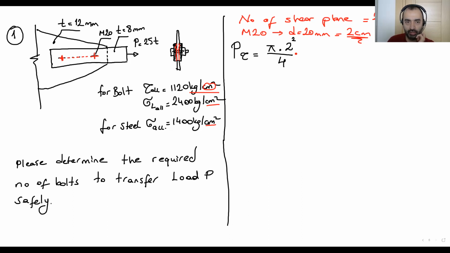That's why two sections of this bolt work for shear. I'm gonna put here a 2. This gives me the total area of the bolt times allowable stress. I'm dealing with the shear stress, that's why I'm gonna put the shear stress over here.